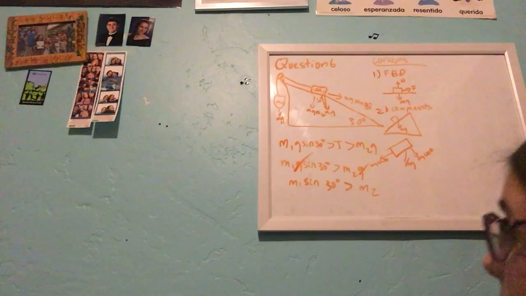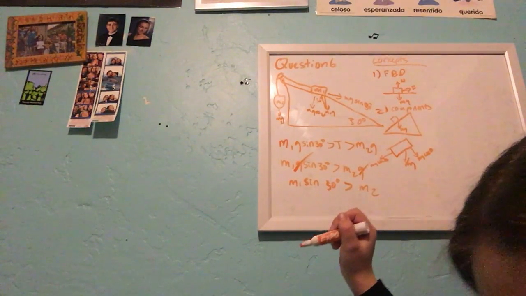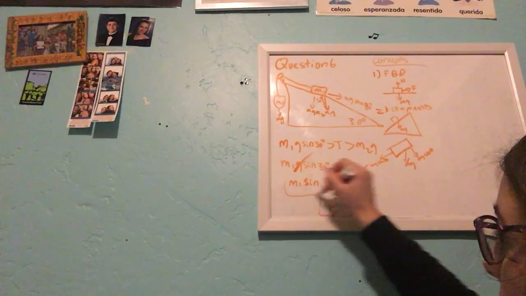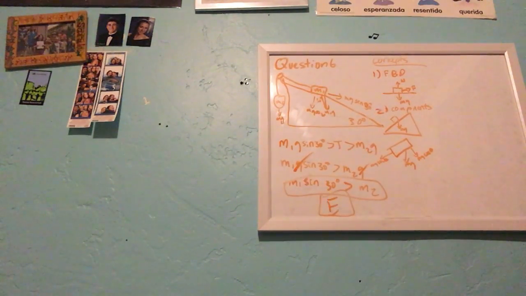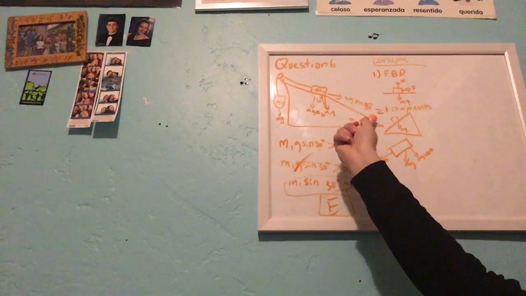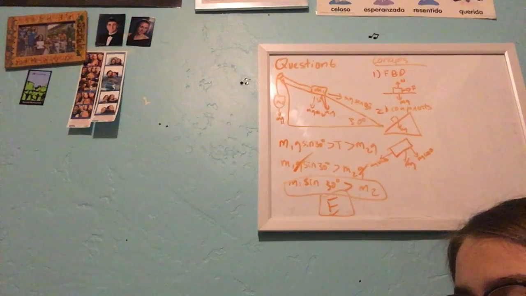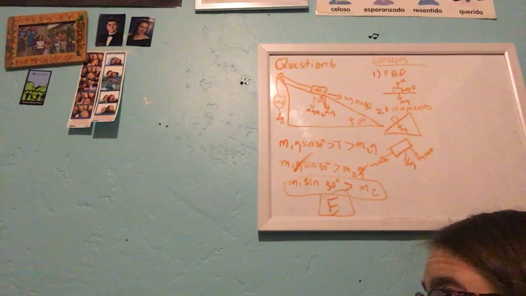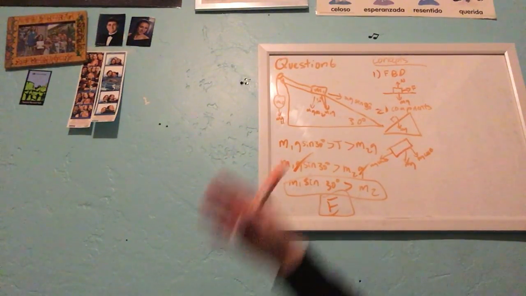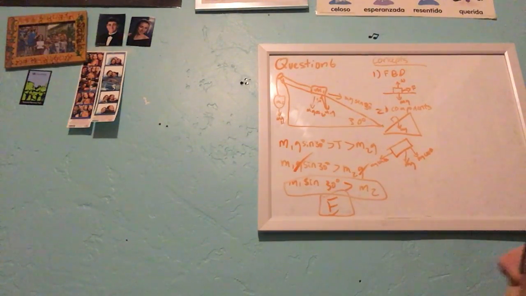And so that means that the correct answer to this problem is E, using this. Basically what it's saying is that this weight going down, M1g sine 30 degrees, needs to be greater than m2g, because in order for it to accelerate down, it needs to overcome the m2g.